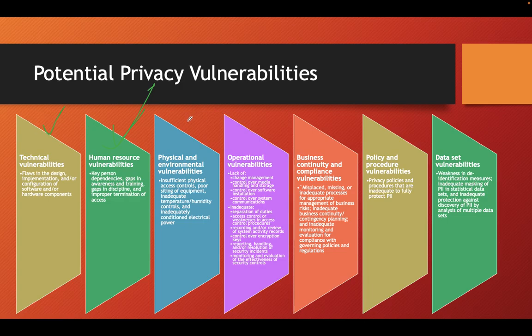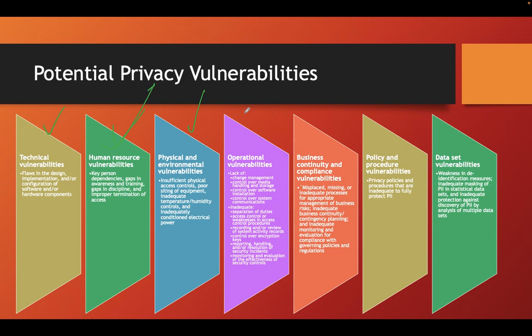Number 3 is the physical and environmental vulnerability. Insufficient physical access control or poor safety of equipment, inadequate temperature and humidity controls, inadequately conditioned electrical power, all of this can result in what we call the physical and environmental vulnerability.